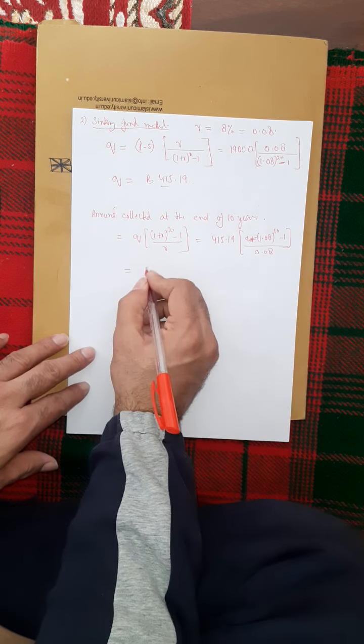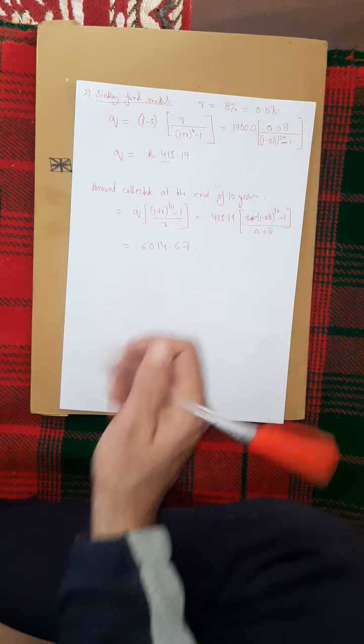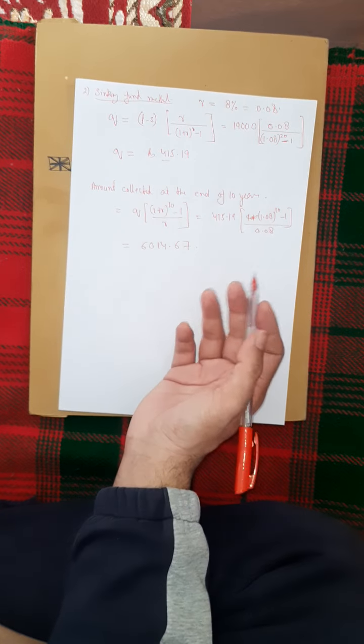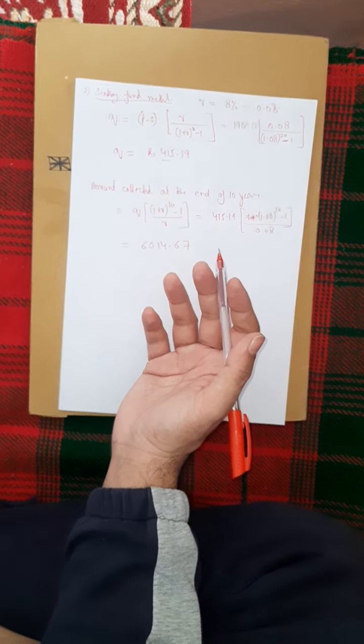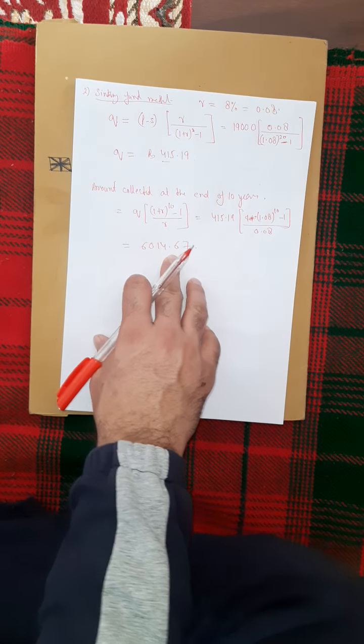So it is given as 6014.67. So this is the amount collected as depreciation charges at the end of 10 years.